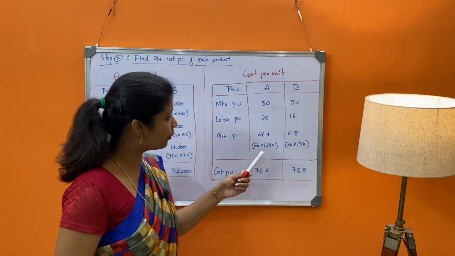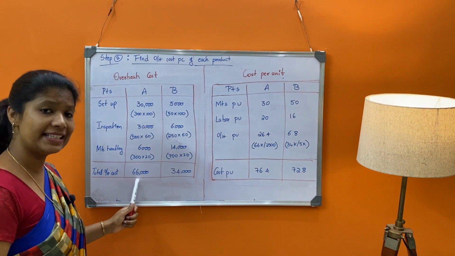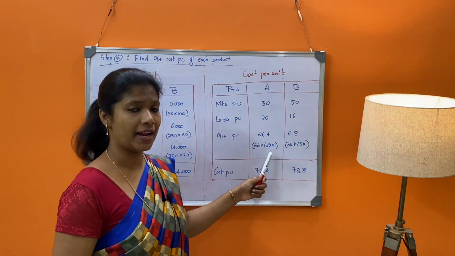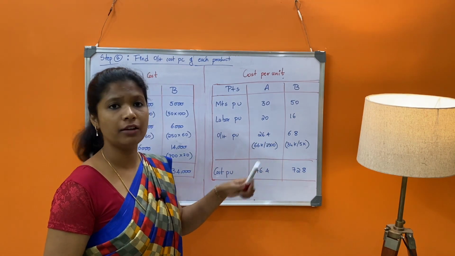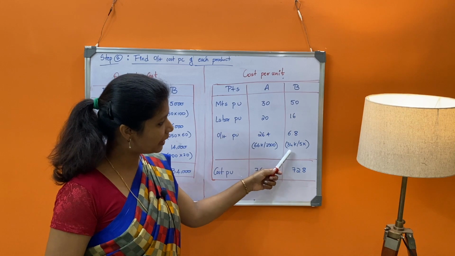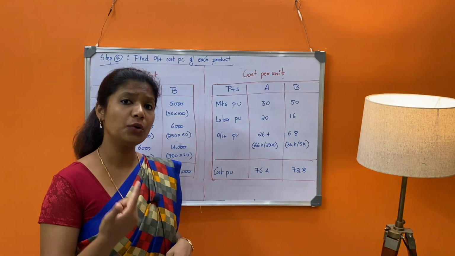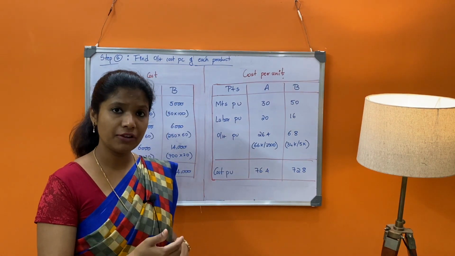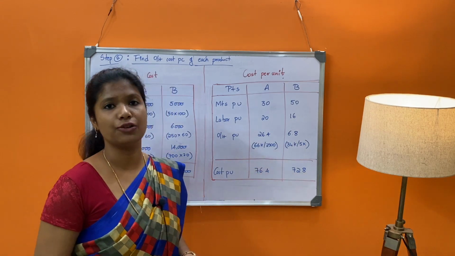So I am going to divide the total overhead cost of A, that is 66,000, by how many units A produced, 2,500. Once I divide that, I get the rate 26.4. And next for B, the total overhead cost is 34,000. How many units of B were produced? 5,000. So 34,000 divided by 5,000, we get 6.8 rupees.